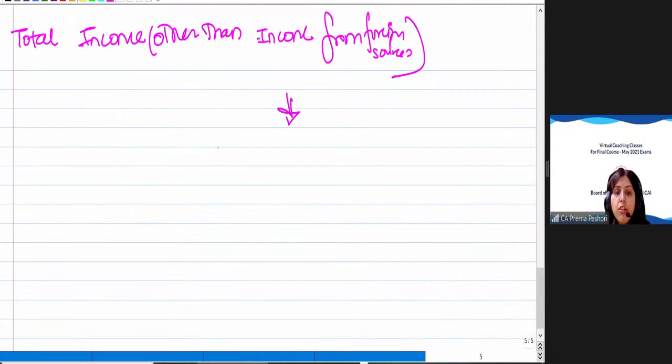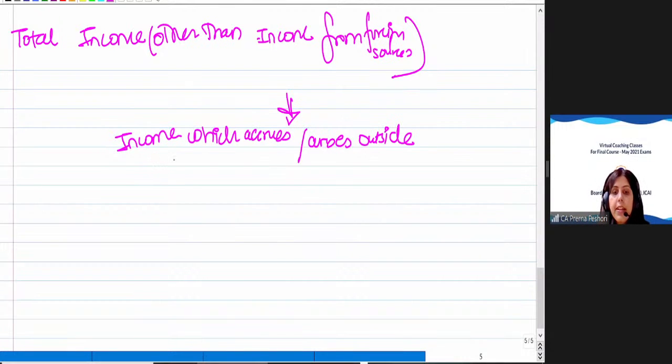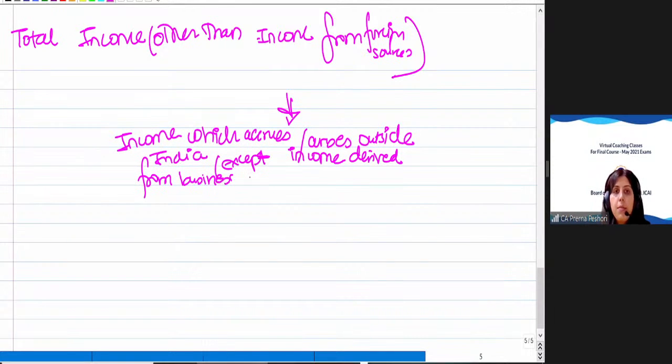So, income from foreign sources means income which accrues or arises outside India, except income derived from business controlled in or profession set up in India.